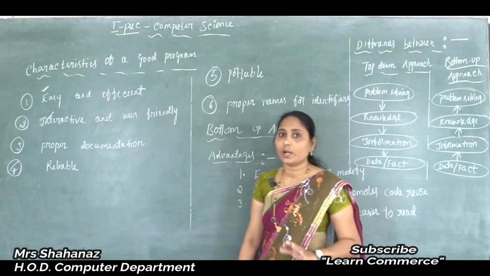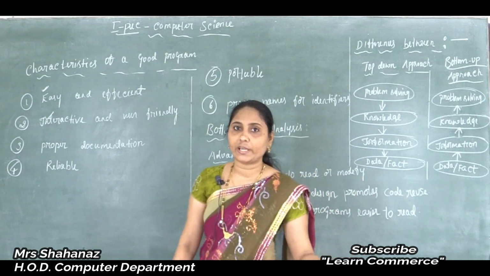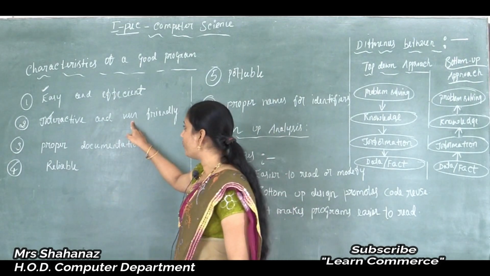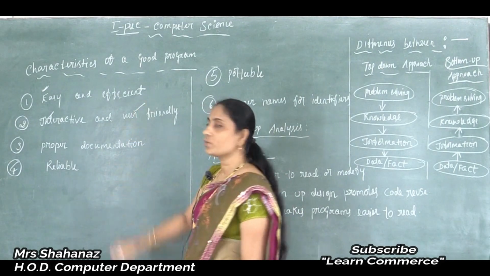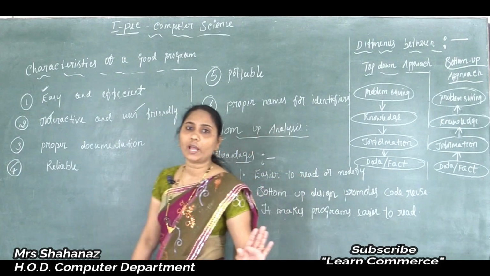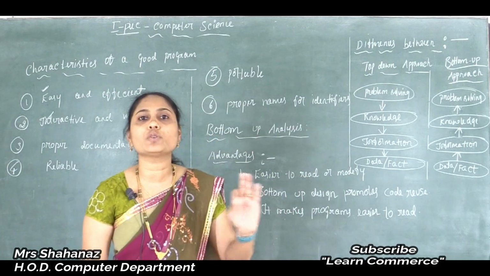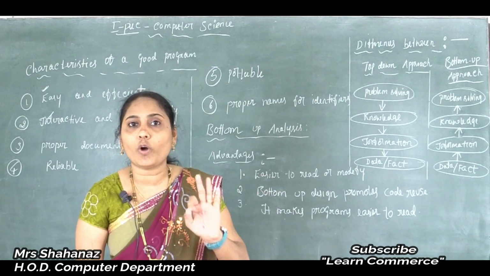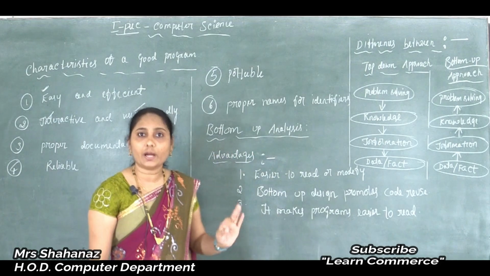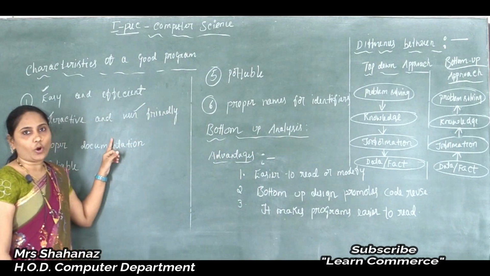In the case of user friendly, the user should not have any doubt about using the program. They should not have any kind of doubt when they use the program during the execution of the program.